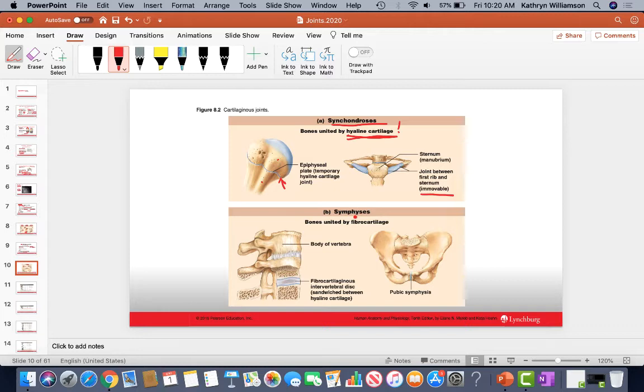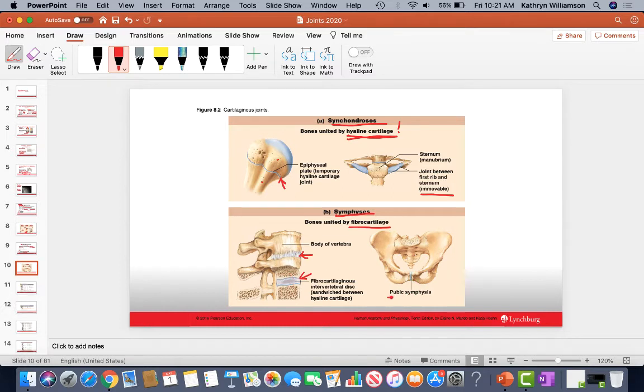The second type is going to be a symphysis. These are specifically joints that are attached by fibrocartilage. These are the joints formed between adjacent vertebral bodies, separated by the intervertebral disc. And we know that the intervertebral disc is formed by fibrocartilage, so that's going to be a symphysis.